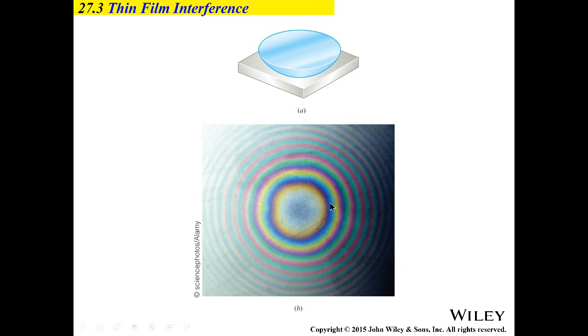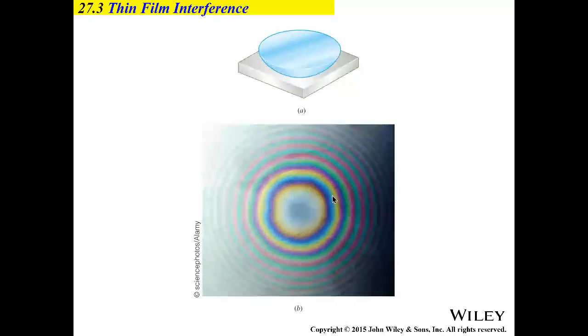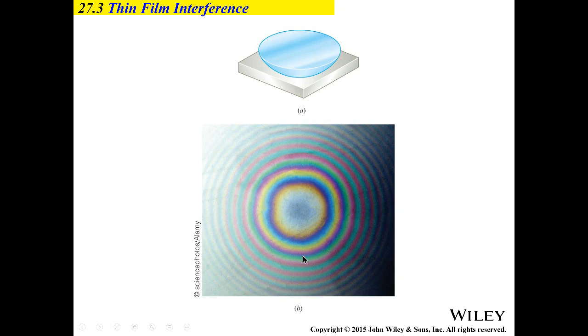It's very colorful. And it occurs all the time. If you have an oil slick on your floor, you can also detect those kinds of fringes. Or an oil slick on your basin, you can also see this. So this is always there, always happening.